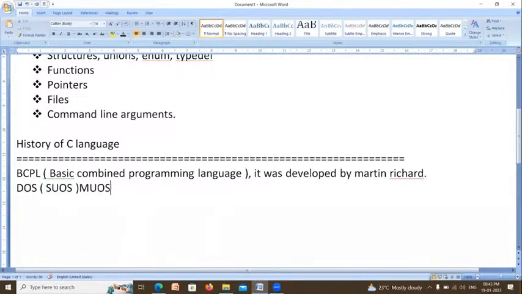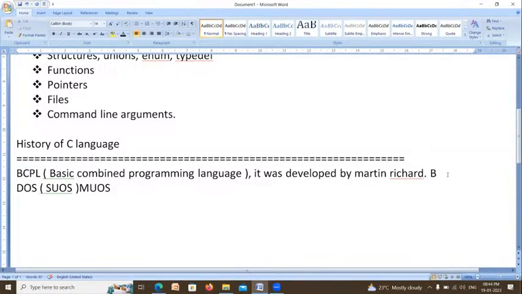To develop this multi-user operating system, they wrote code using BCPL. After some time they came to know this language is not enough to build a multi-user operating system. Then they wanted to develop a new programming language, and successfully they developed it and named it B. So from BCPL they developed the B language.